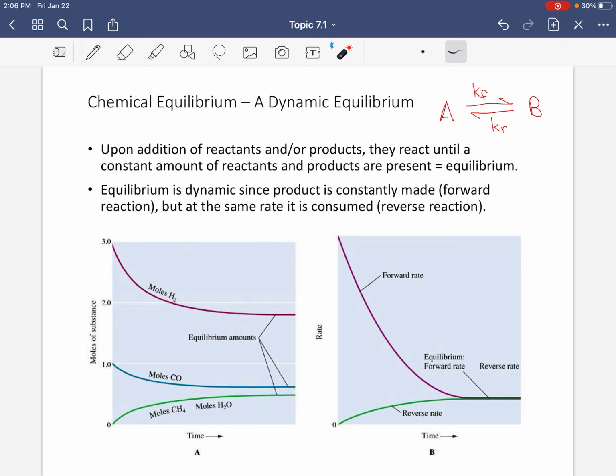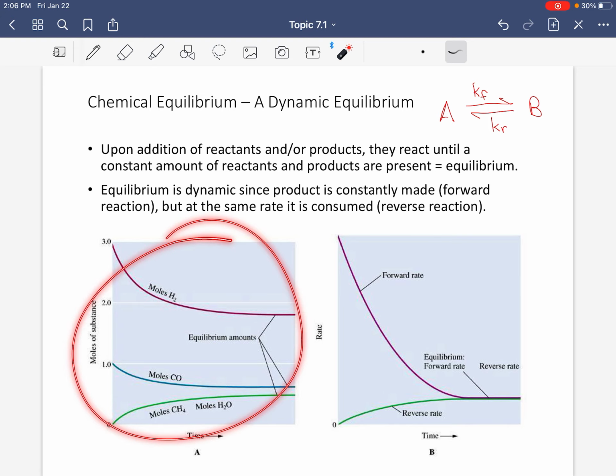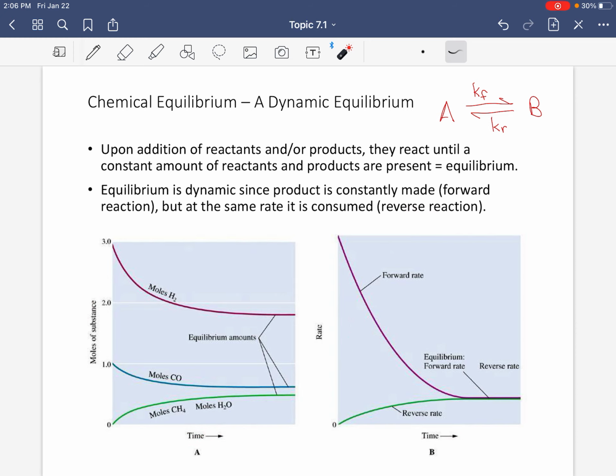That's why they're weak, because they don't create H+, at least not all the way, if you remember correctly. But that's what dynamic equilibrium means. These two graphs show a reaction where H2 plus CO will give you CH4 plus H2O.